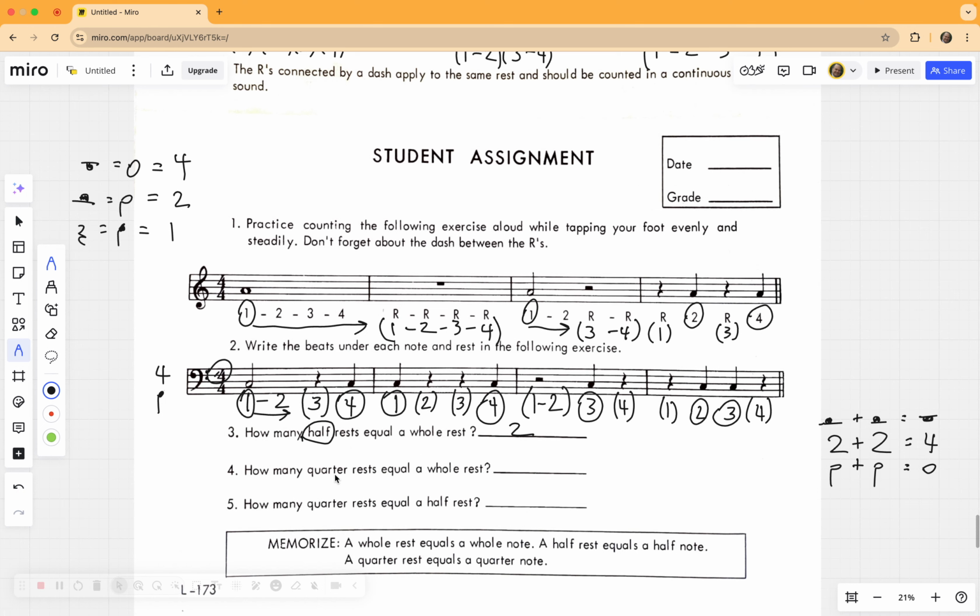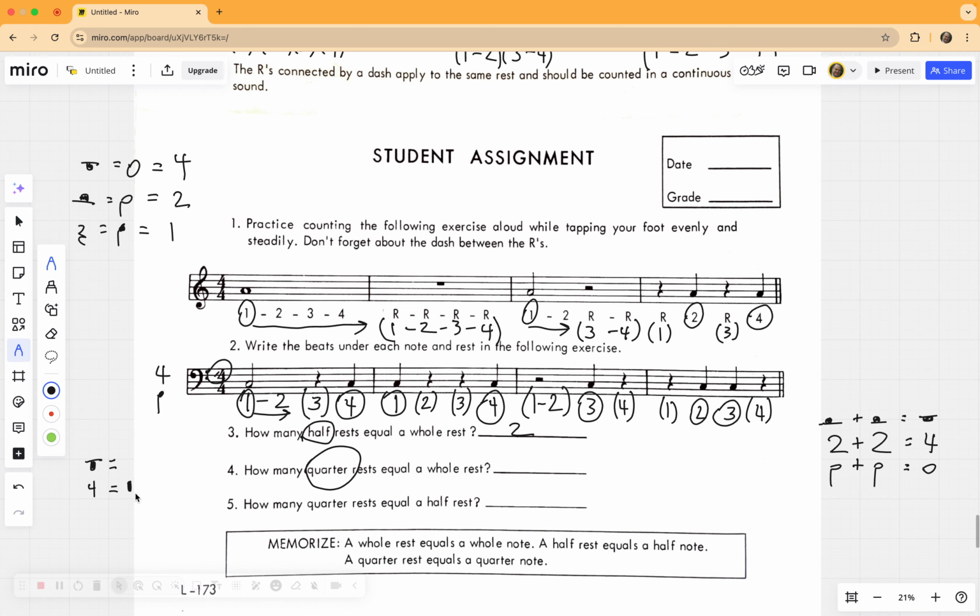How many quarter rests equal a whole rest? Well, we want to know how many quarter rests equal a whole rest. If the quarter rest equals 1, then we would do 1, and a quarter note receives 1 beat.